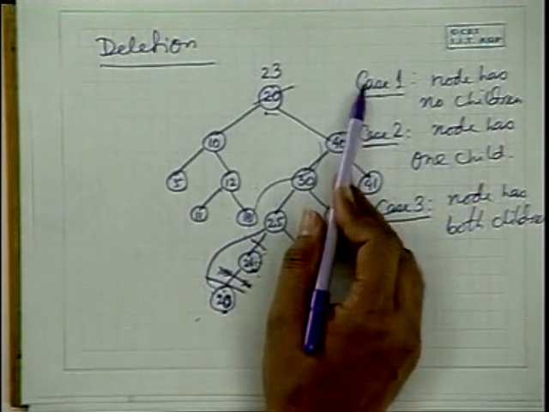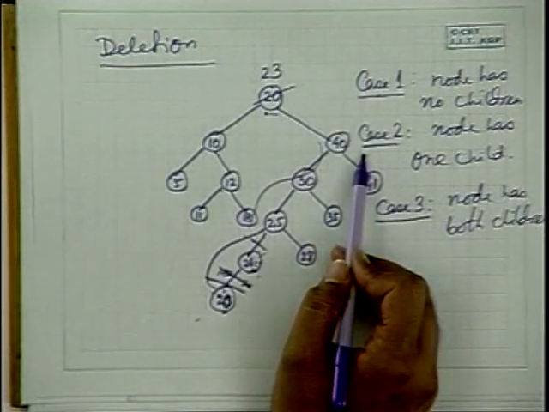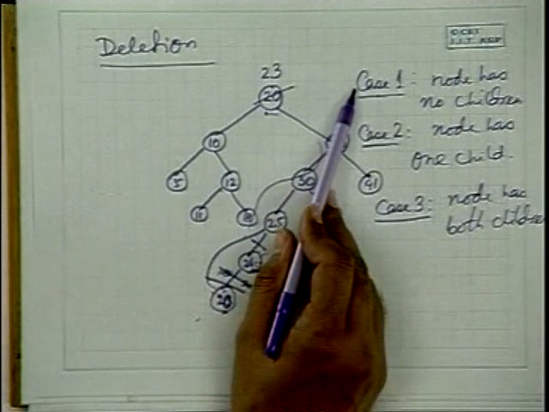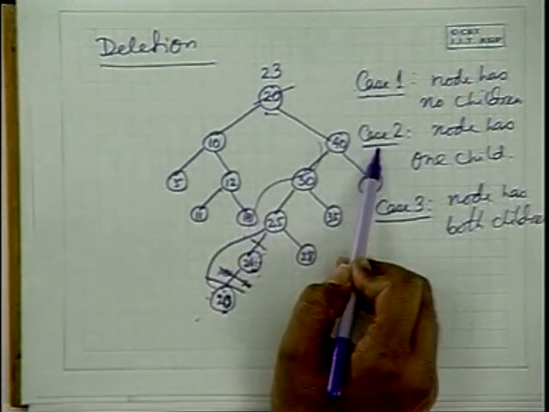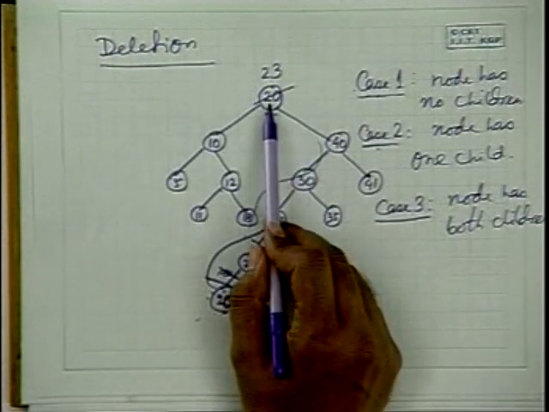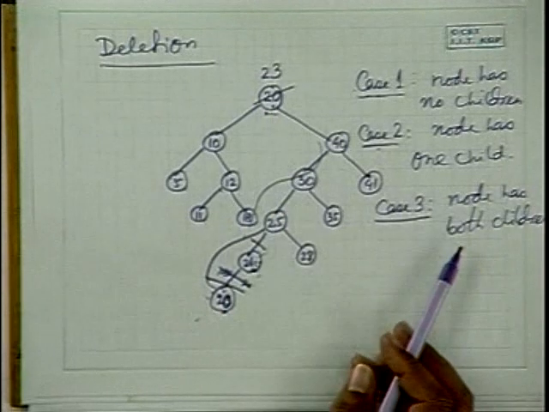But you can always go back to case 1 and case 2. It will never happen that the successor of such a node will have two children. It can never happen.